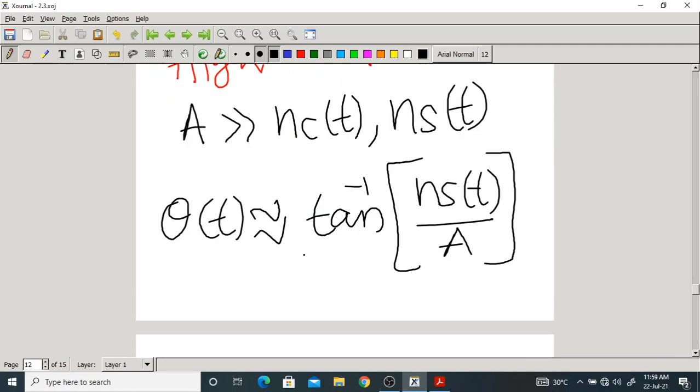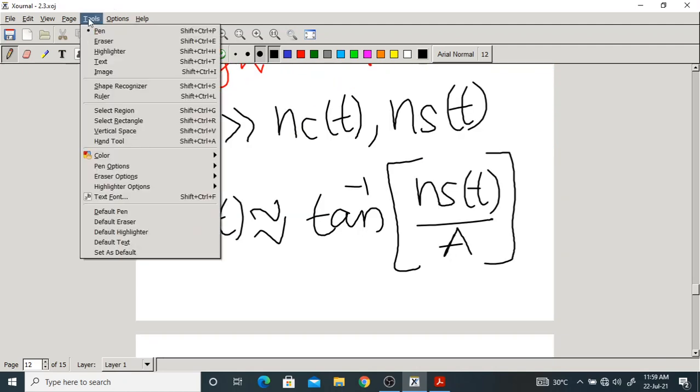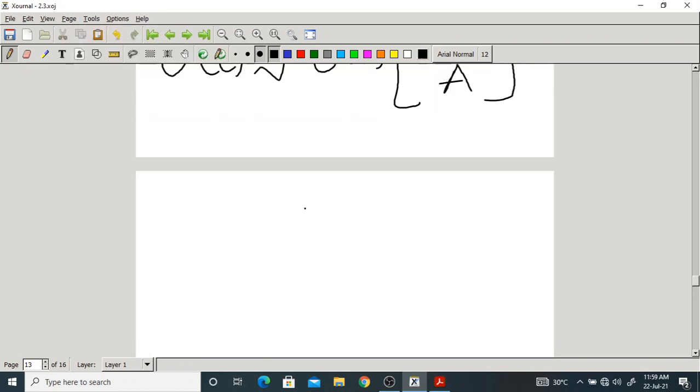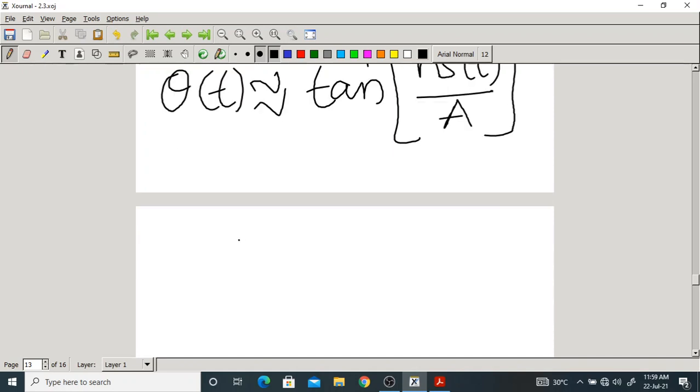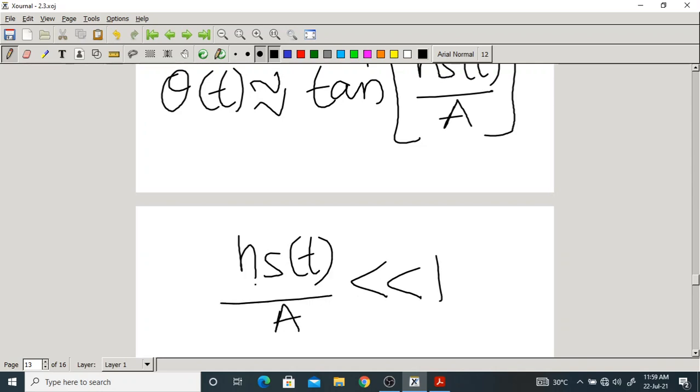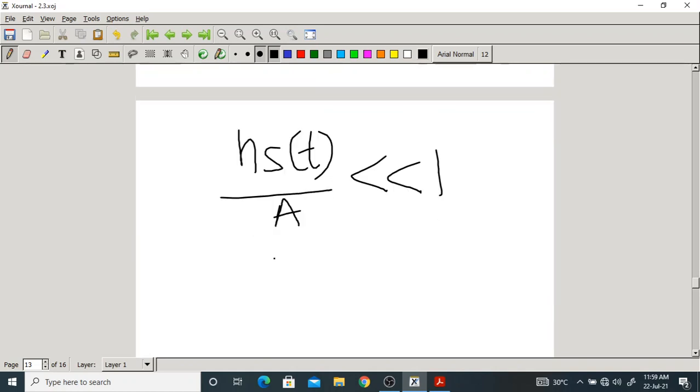Again here, what happens here? Again here, this denominator A is much more than ns of t. Then what happens? Again, ns of t by A is much less than 1. Why? Because A is much more than ns of t. Now here comes the logic.